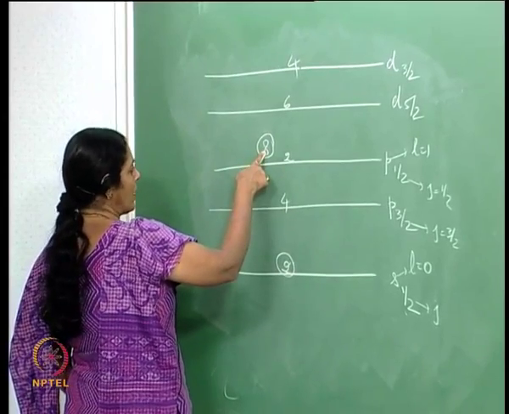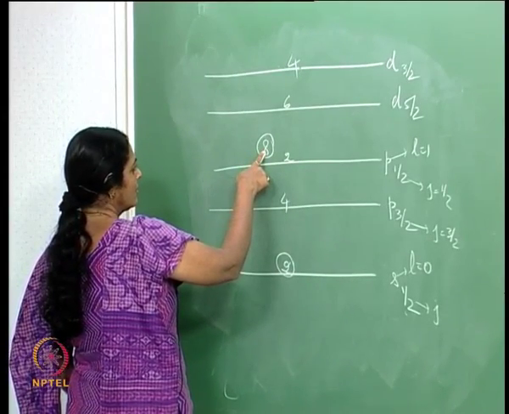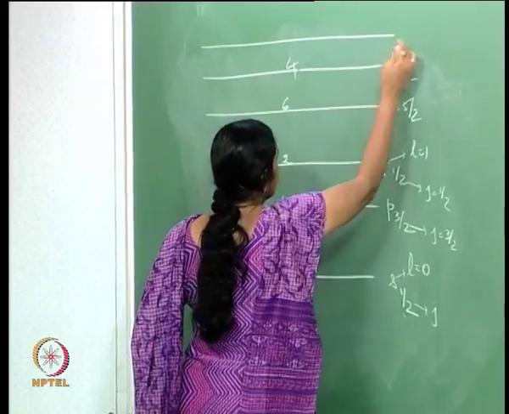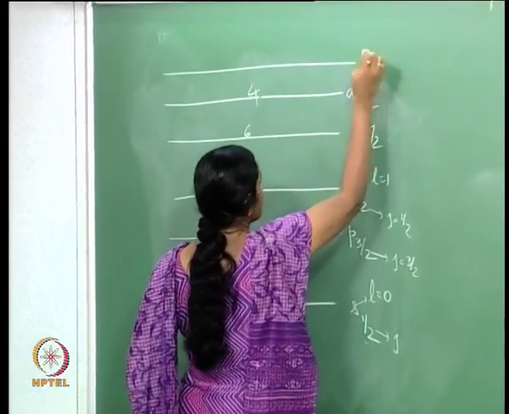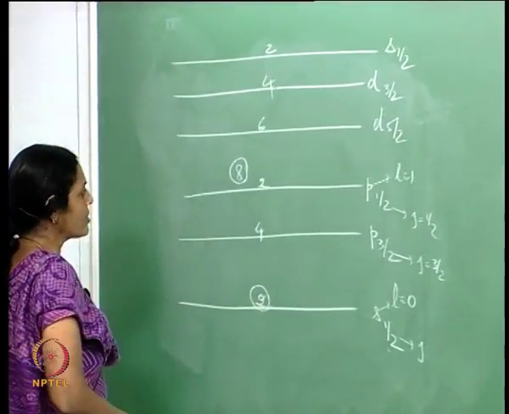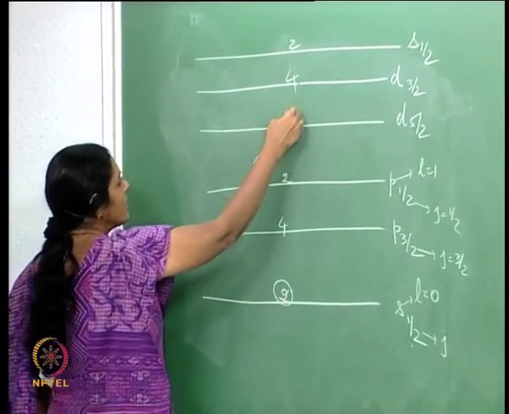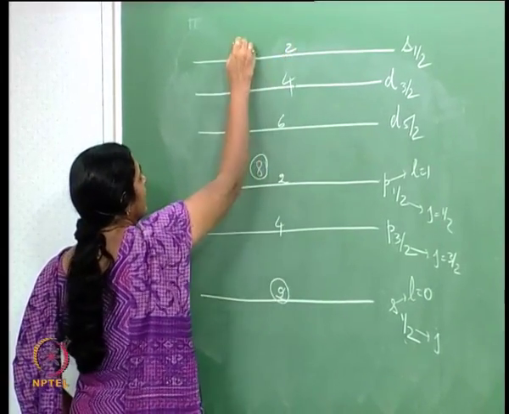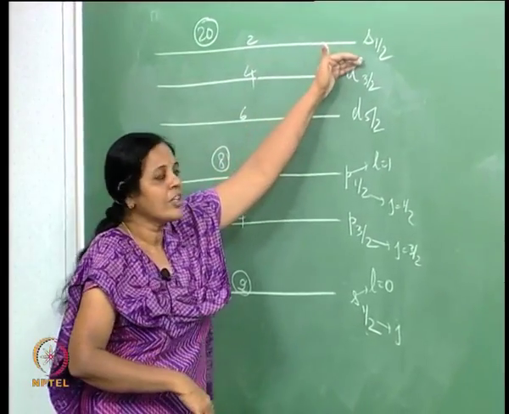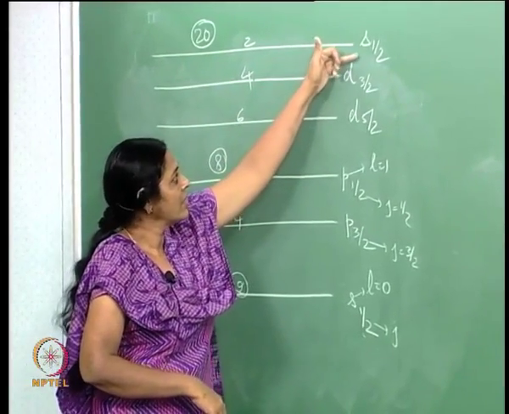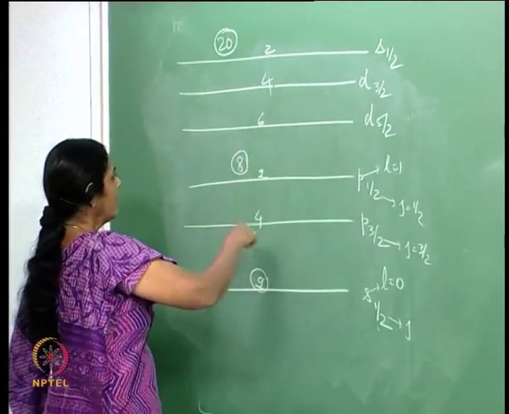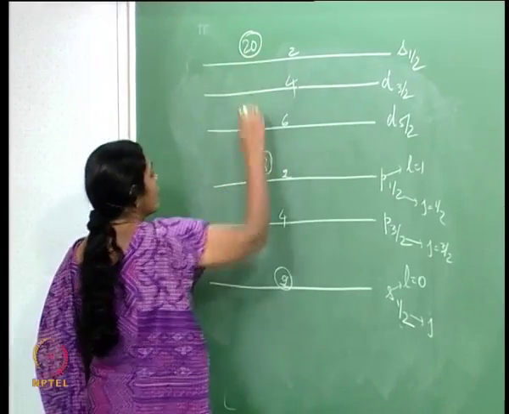There are already 8 particles. Then comes the next level, S level, that means L is equal to 0, and that can take care of 2 particles. So, that gives me 6 plus 4, 10 plus 2, 12 plus 8, 20. So, you see there are other levels creeping in here. There is an S half, the second of the L is equal to 0 states there. So, the shell closes here and 20 is explained.